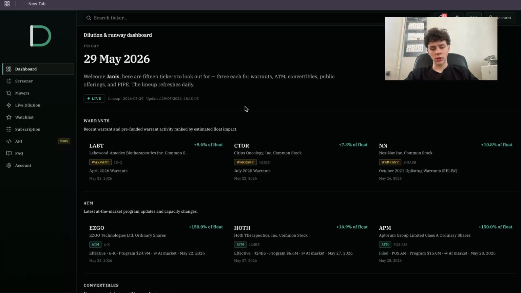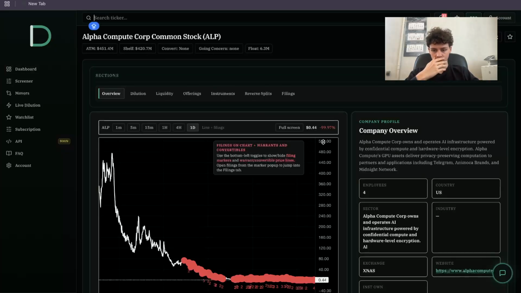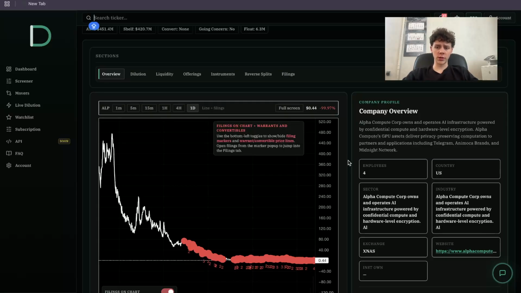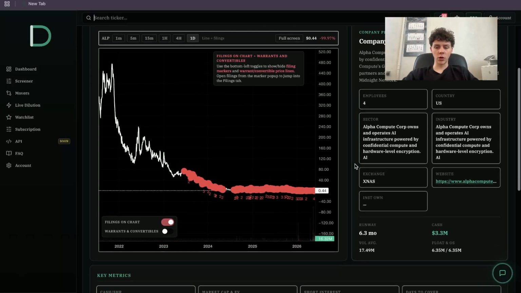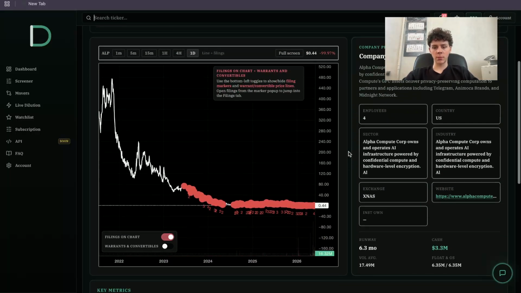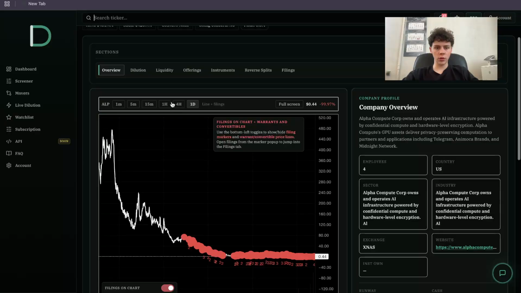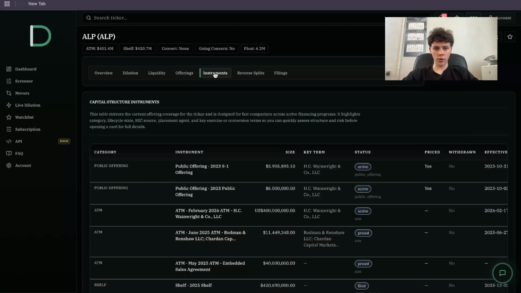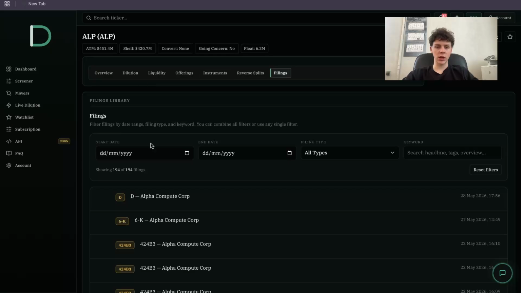So today's case study will be about ALP. ALP owns and operates AI infrastructure. It doesn't really matter, company overview. We will dive into the more technical stuff, but in my platform you can see company overview and all sorts of dilution metrics, liquidity, offerings, instruments, reverse splits, and filings.